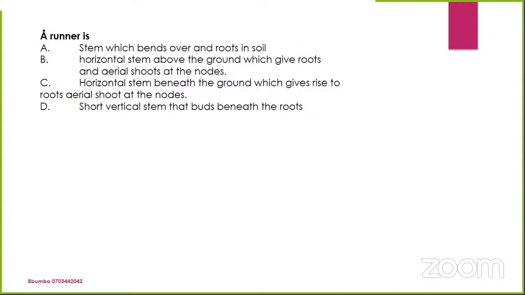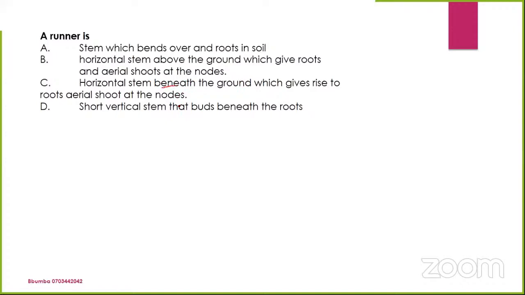Now there's this question which says, a runner is: A says, stem which bends over and roots in soil. Part B says, horizontal stem above the ground, which gives roots and aerial shoots at the node. Then C says, horizontal stem beneath the ground.